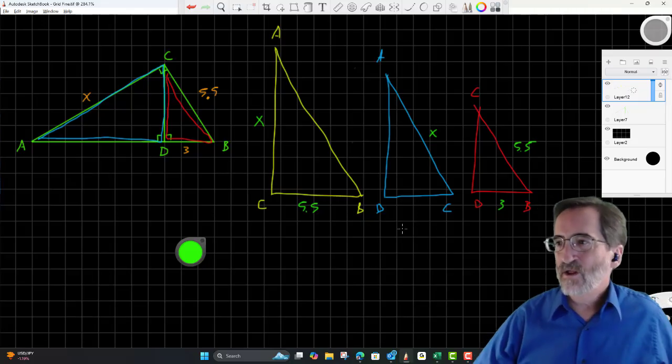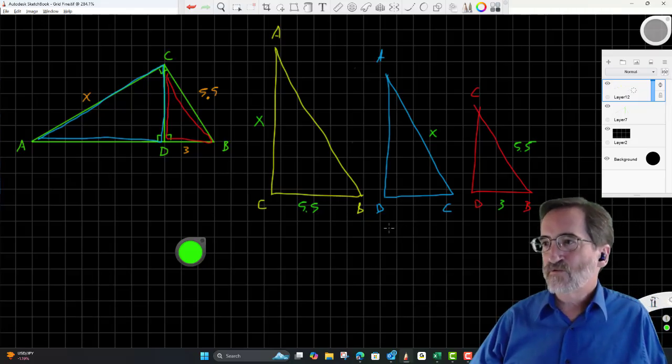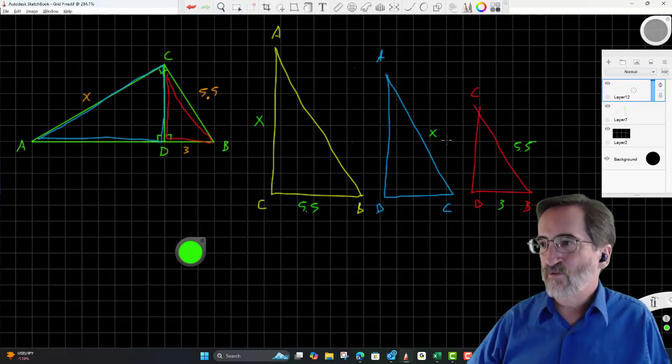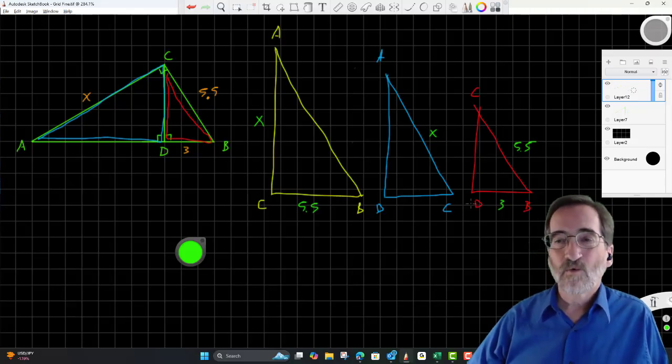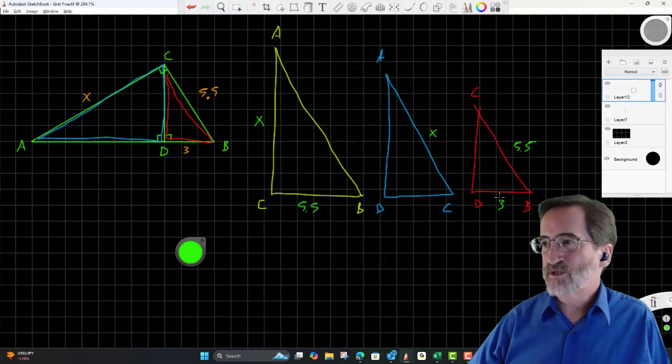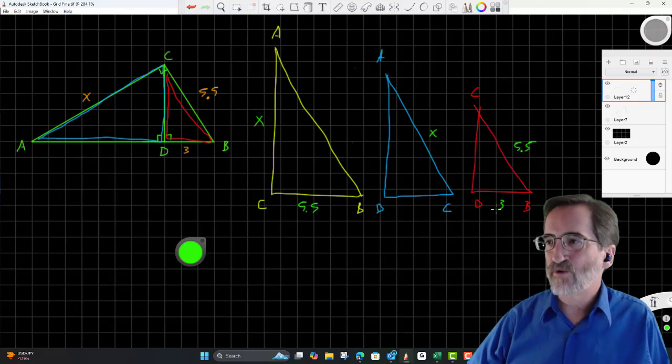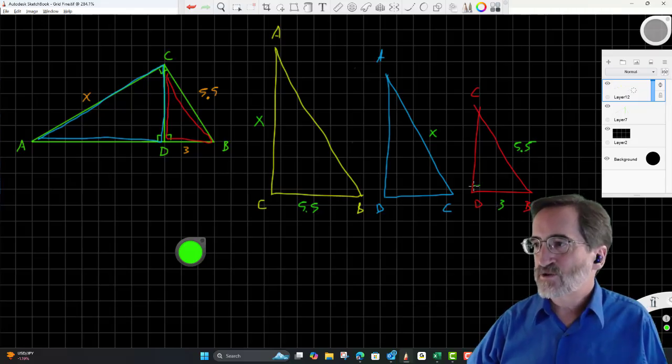Now, is there anything I can use to find a missing part here, to find x? It would be really cool if I could write something with the hypotenuse. I don't have anything right away, but I can do something in multiple steps. For example, 5.5 and 3 are two sides of a right triangle, so I can use that to find the third side.